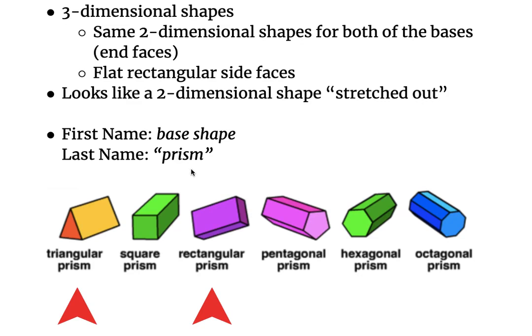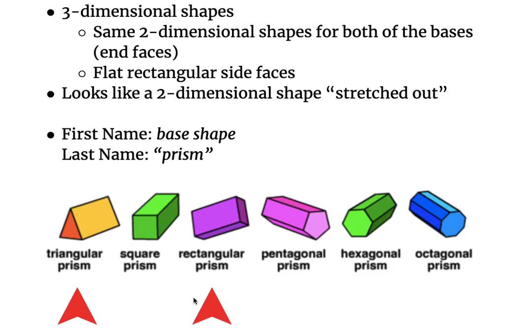This is triangular prism, because there's a triangle on both ends. This is square prism, square on both ends. This is rectangular prism, pentagonal prism, hexagonal prism, and octagonal prism. Okay? They all have the same last name, which is prism. But their first name tells us how unique they are, their bases.